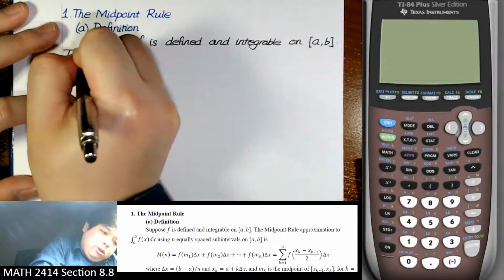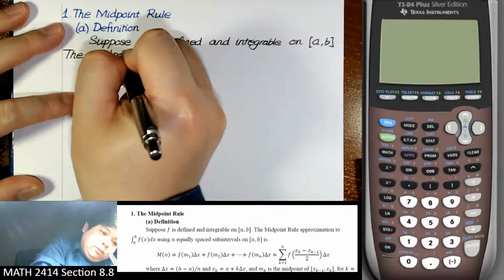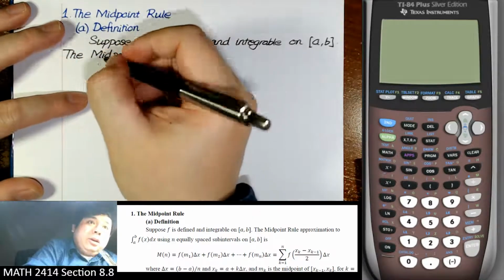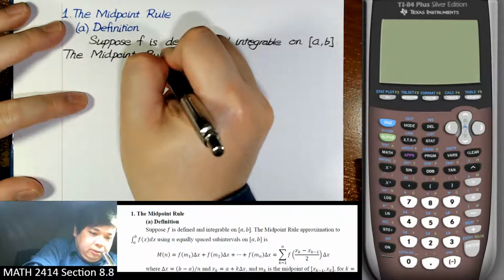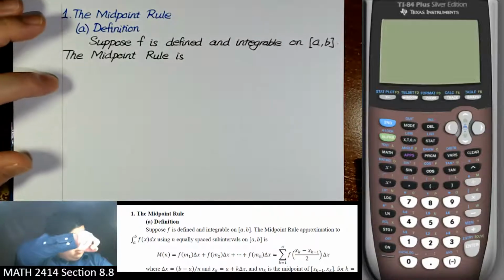So the midpoint rule is the approximation.